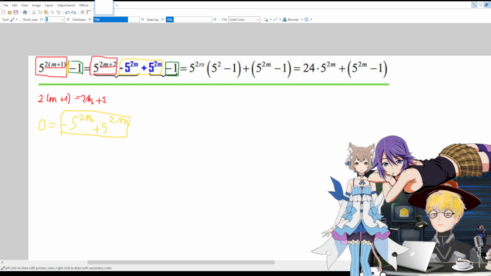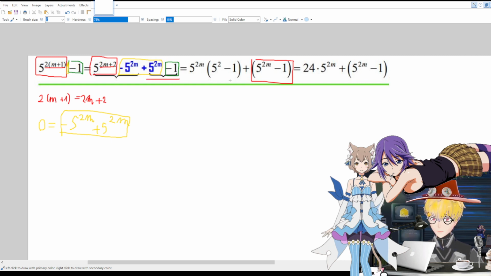The 2m stays out. Oh, okay. So, this section, 5 squared minus 2, it's just these two put in a bracket.